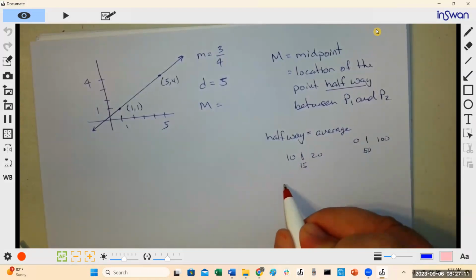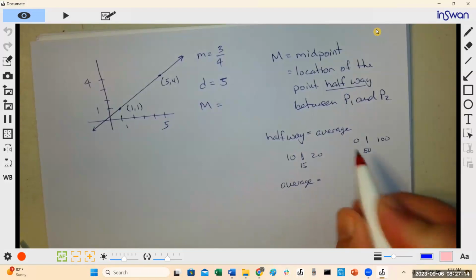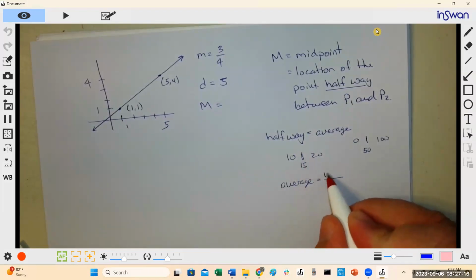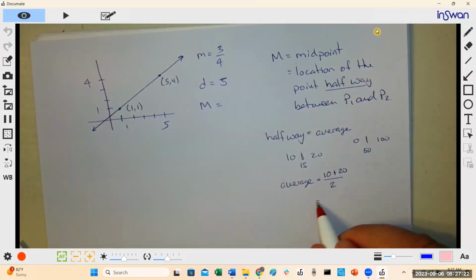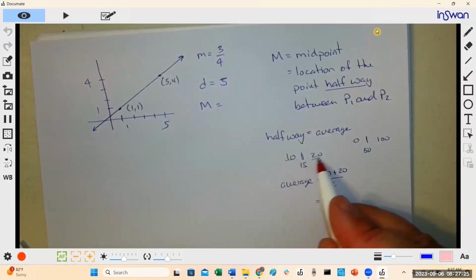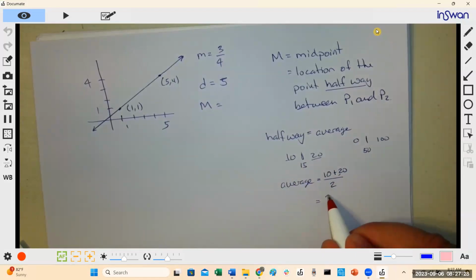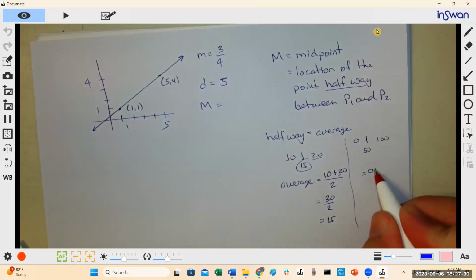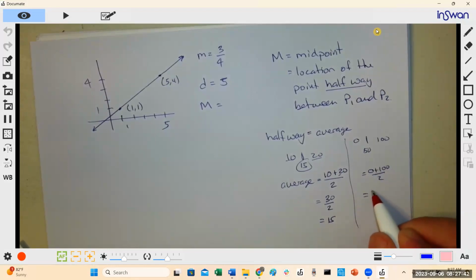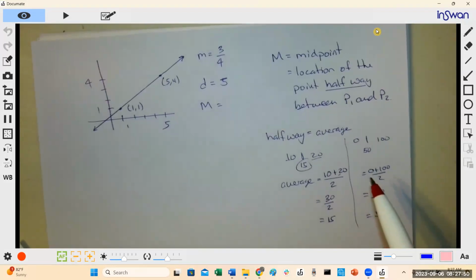The average is add the two numbers and divide by how many you have. 10, the beginning number, and 20, the last number: 10 plus 20 is 30, divided by 2 is 15. 0 plus 100 divided by 2 is 50. So that's what halfway means.